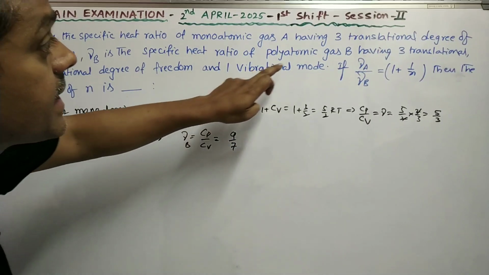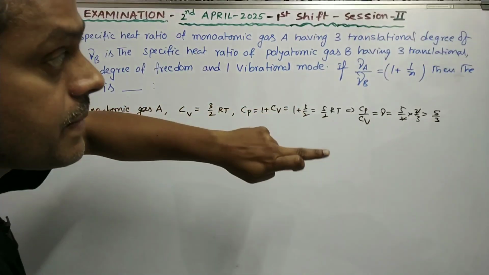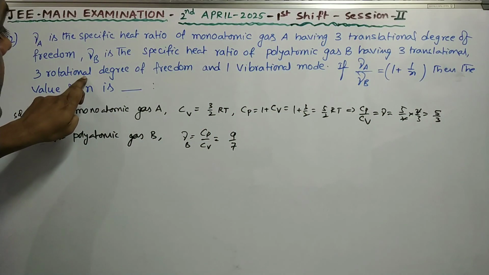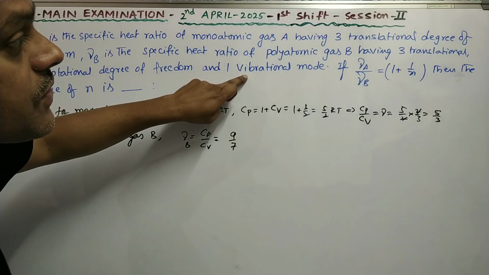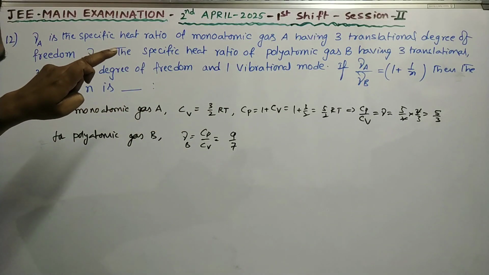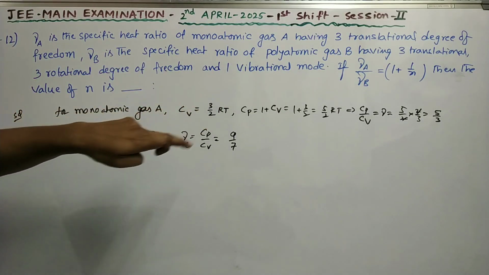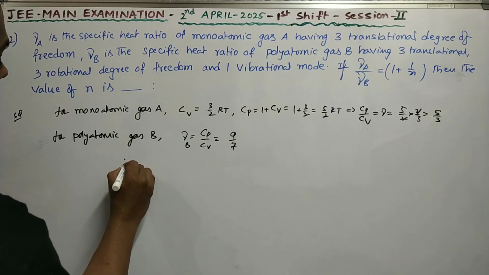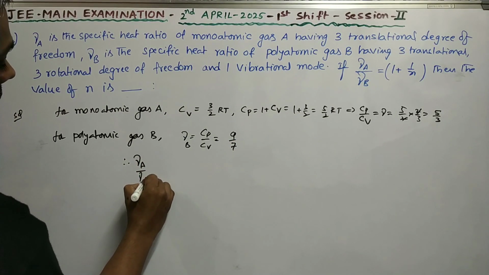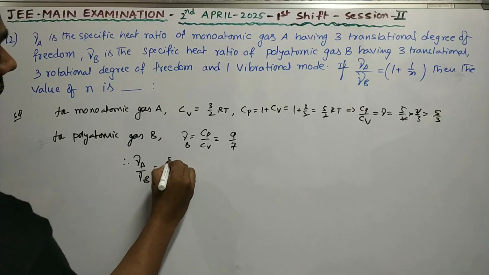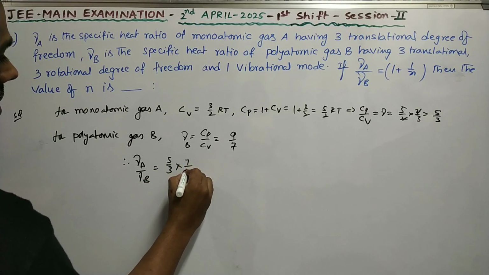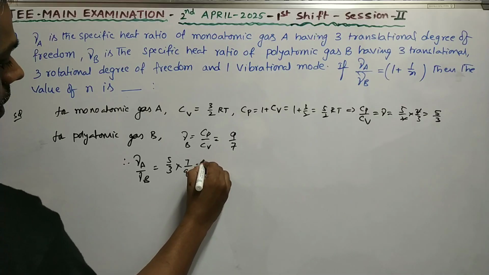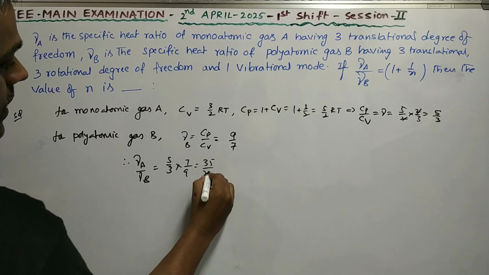Because it has 3 translational, that means 5 by 3, 3 rotational degrees of freedom, plus 1 vibrational. So in total you get 9 by 7. Therefore, gamma A by gamma B is equal to 5 by 3 divided by 9 by 7, which means 7 by 9, so 35 by 27.